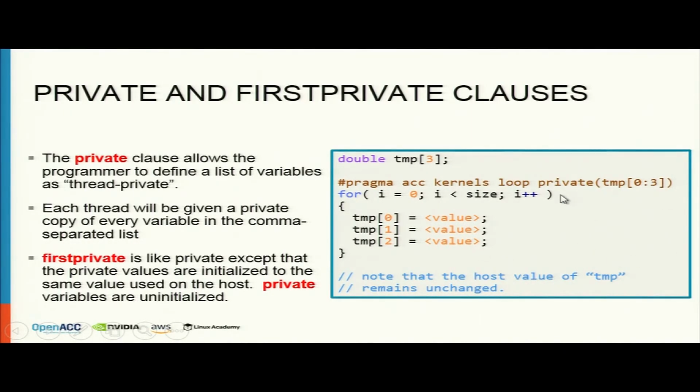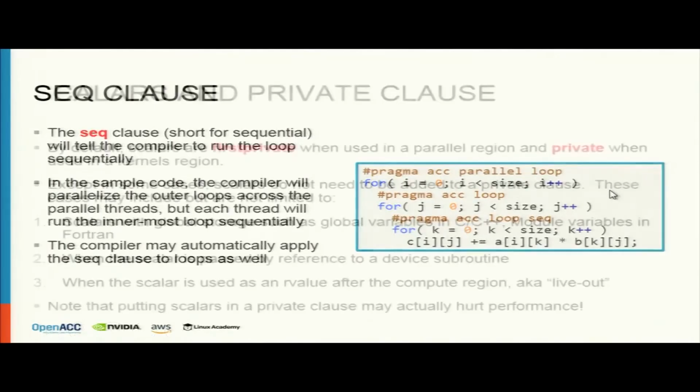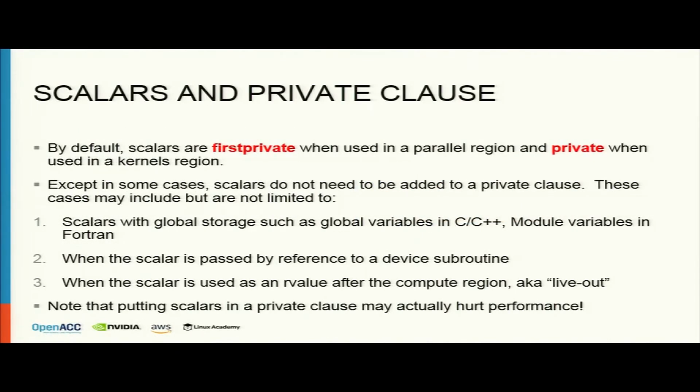I is a scalar value, it's an individual element. It will be private by default, okay? All the scalar values are private by default. All the arrays are shared, right? So that's why, since temp was an array and we wanted to make it private, we had to explicitly add private here, right? And that is what is shown in this particular slide, the rules.